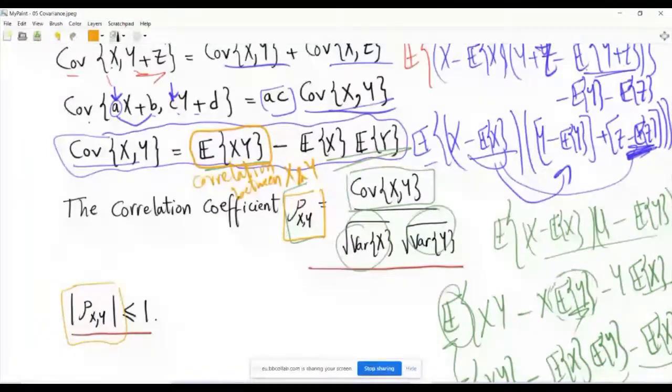But it is guaranteed that the absolute value of the correlation coefficient is less than or equal to 1. Its maximum possible value is 1, and it cannot go below -1. So the correlation coefficient is between -1 and 1.